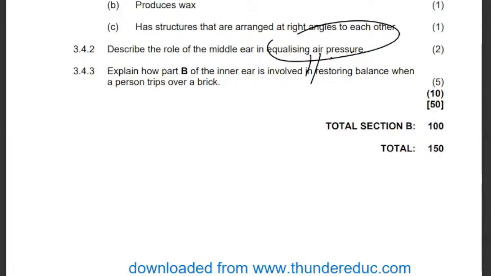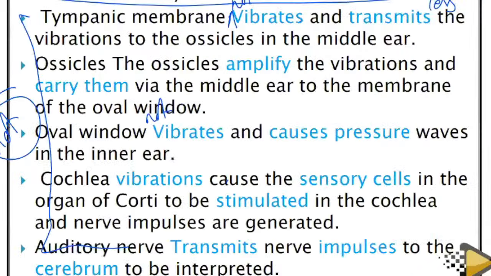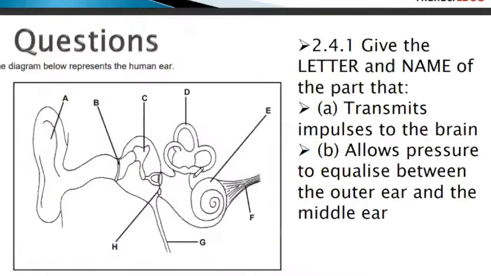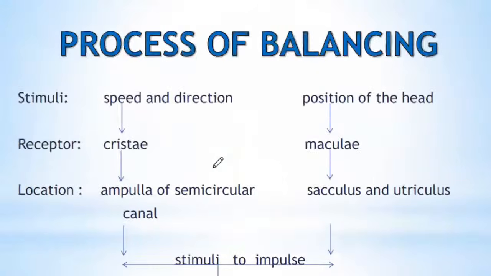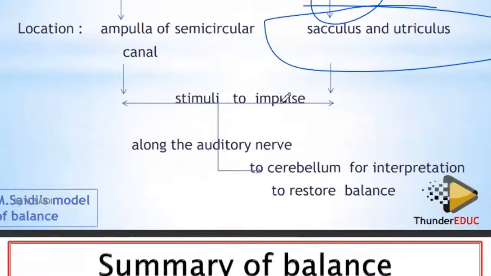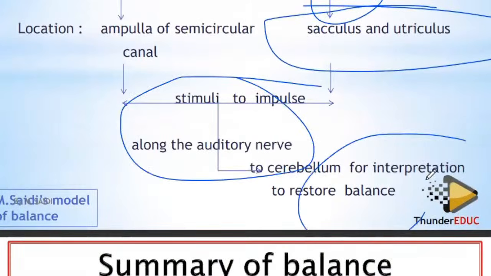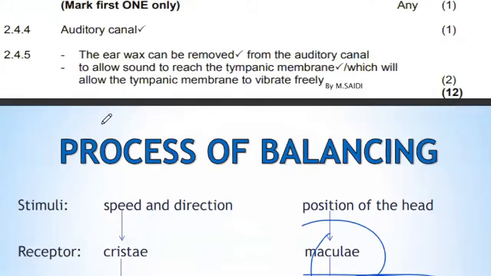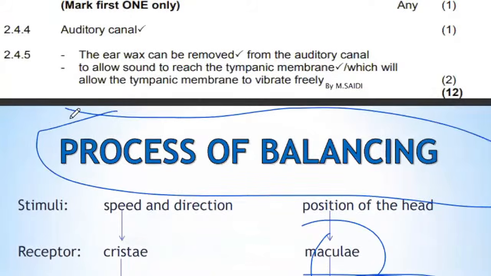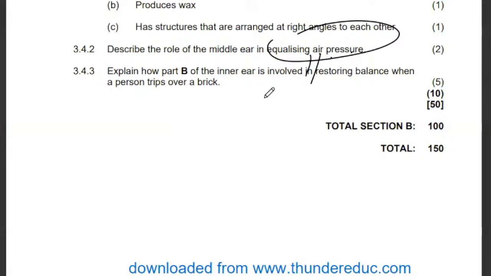So basically you have to explain the balance of the body. When there is a change in the position of the head or body, then you have to explain the maculae and the semicircular canals, impulses. So basically, you have to explain the process of balance, but you link it to this question.